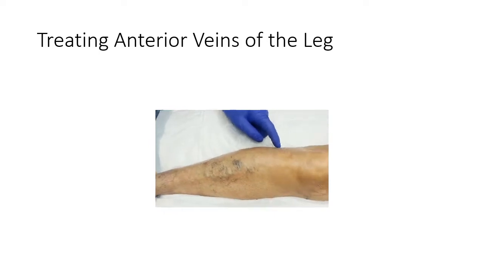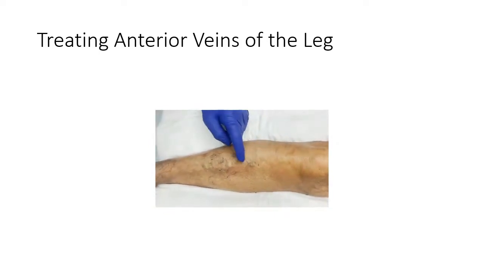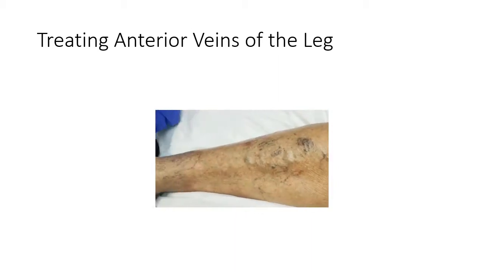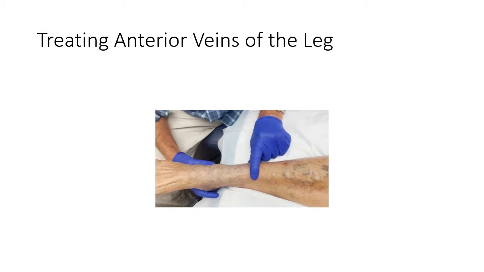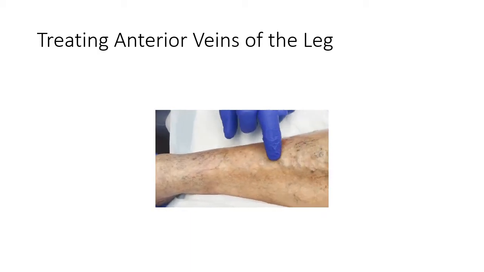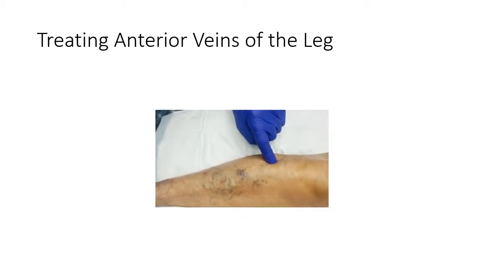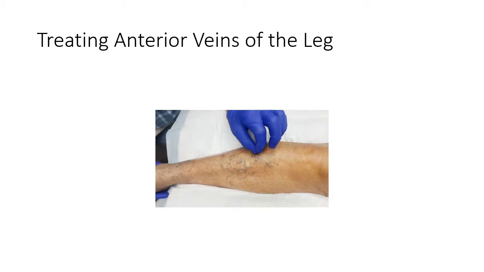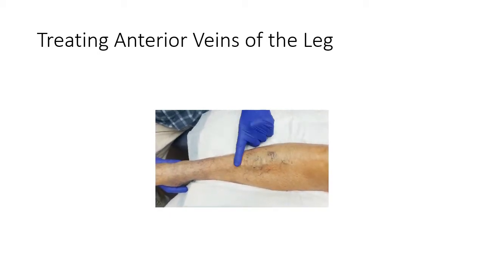Now, this is the lateral reticular system, and you can see it's dilated here. It causes all these varicosities here. So in this area, we do 0.1% foam. We're going to do 1% to these larger ones, a phlebectomy here to unload this. Probably a little nick here and here to get any of the foam out after we put it in.